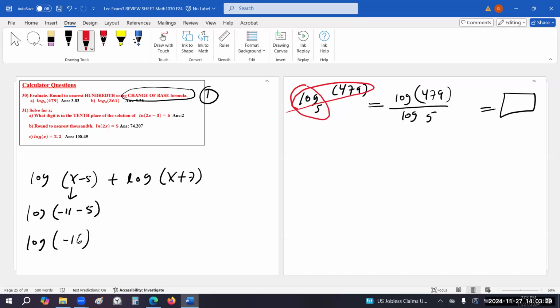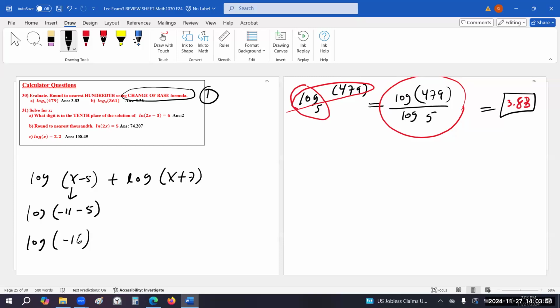And if I'm not wrong, the answer is 3.83. If you don't show me this, I'm not going to accept your answer for the next one. I'm just showing you the circle thing is very important.